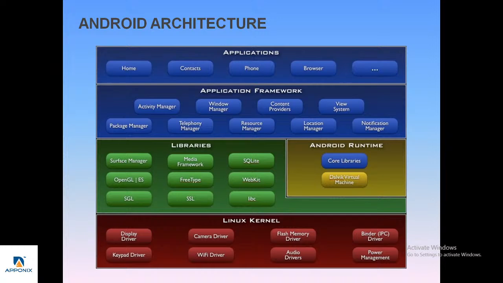So the activity manager. Activity is one of the components of Android. Totally we have four components: activity, broadcast receiver, content providers, and the service. These are the four components. Activity represents a single screen.